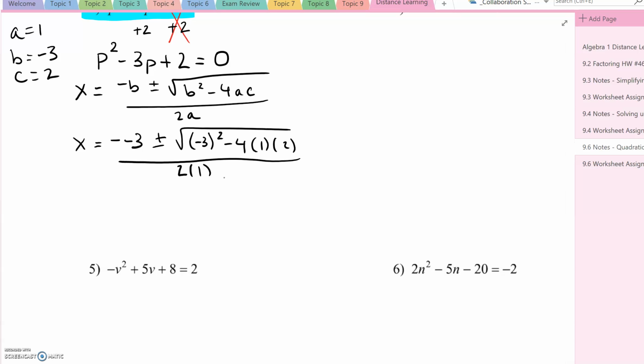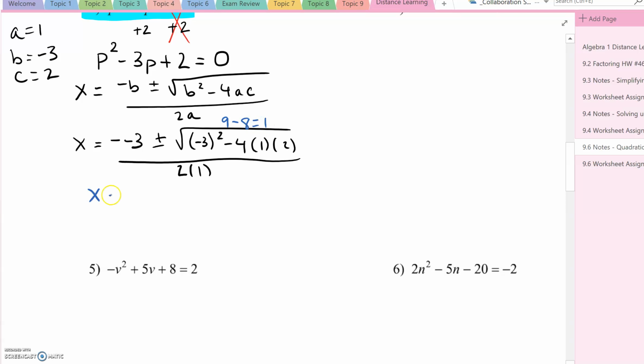Okay. Now we want to simplify. Again, you can do this on your calculator or you can do this by hand if you want. Negative 3 squared is 9 minus 8. And what is 9 minus 8? 1.